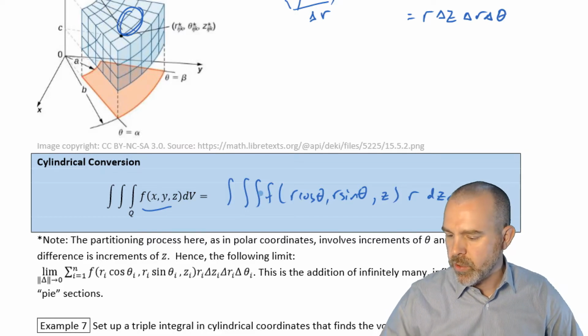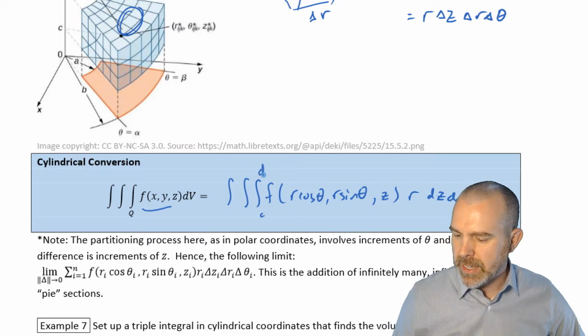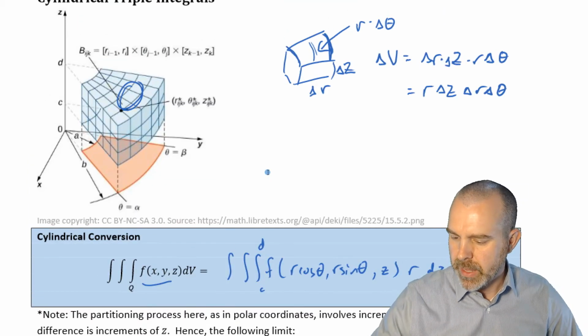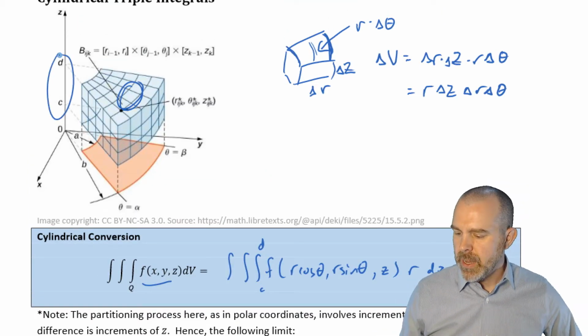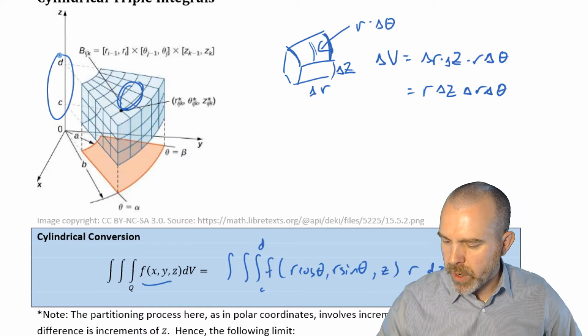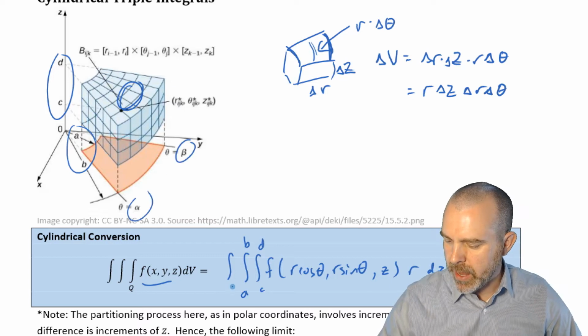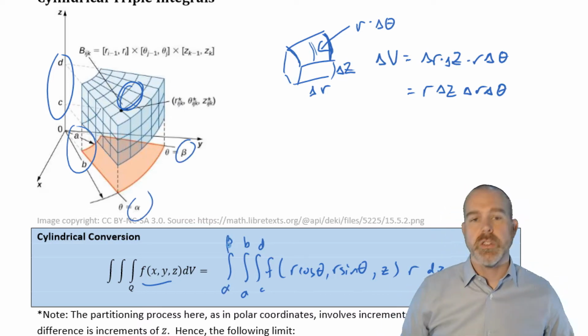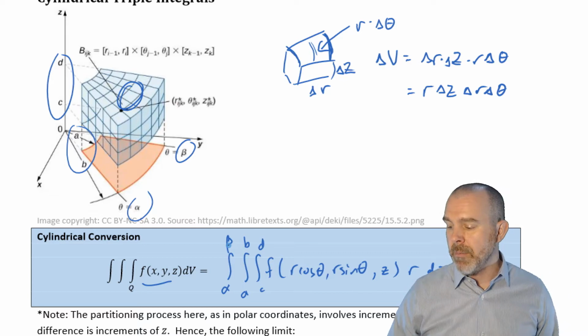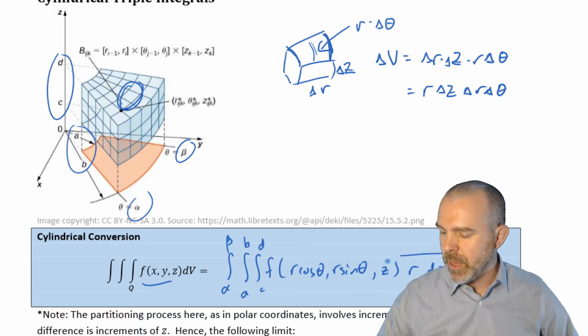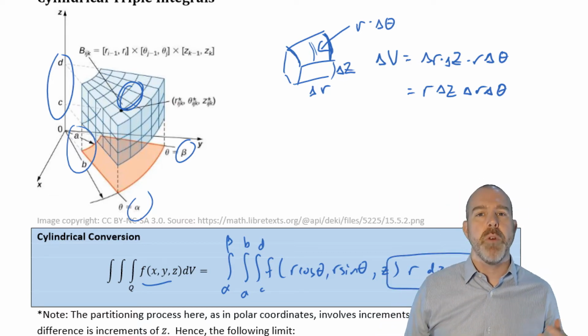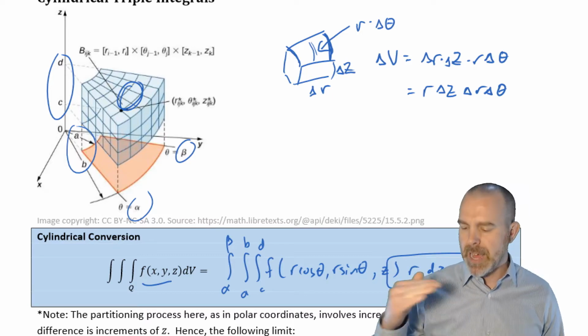And then z goes from, on our graph there, c to d. R goes from A to B. And then we're going to use alpha to beta for the angles. So you have your function, and then the dv becomes basically from polar coordinates r dr d theta times dz.